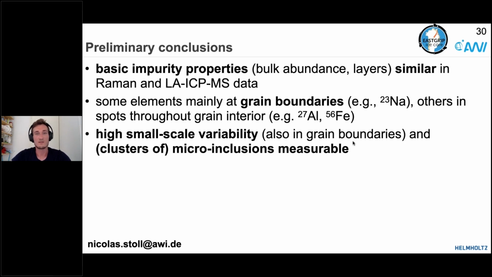We definitely see elements like sodium, which are located at grain boundaries mostly, but there are definitely other elements like aluminium or iron, which are more in the grain interior or building those micro inclusions. And therefore, again, the small scale variability can be quite high. So this is something that always has to be kept in mind.